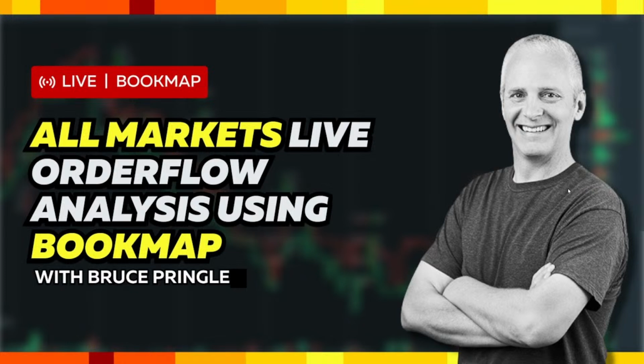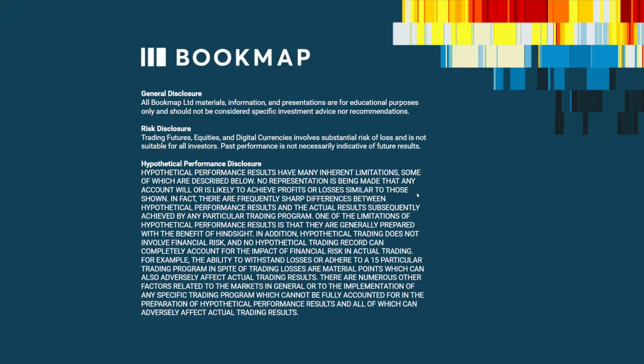When they saw something like Bookmap, they could feel the pit, the noise, the floor that they used to have in the past. So that's exactly what we're going to go through in the live market here.